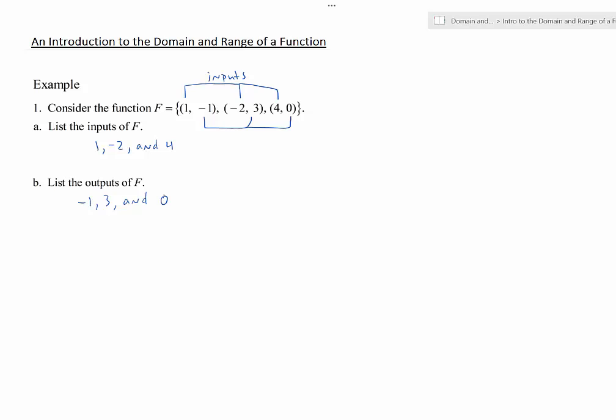Domain and range are just the sets of the inputs and outputs of a function.